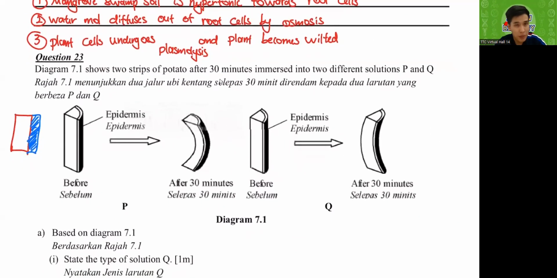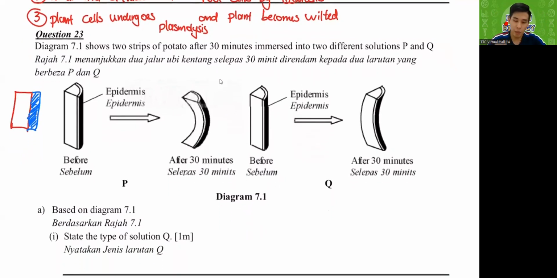Remember, only the flesh can absorb water to expand and shrink. The skin will remain the same, because plant skin generally has a cuticle and is waterproof.